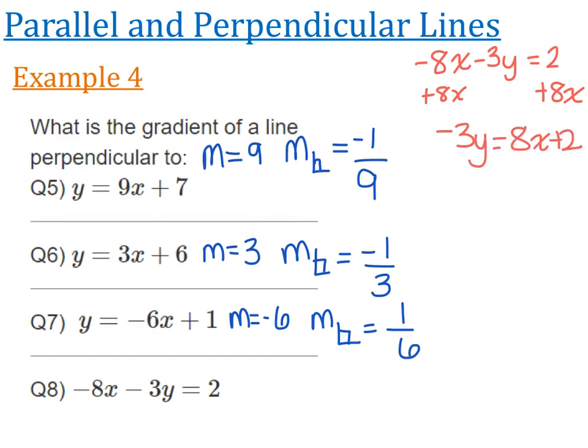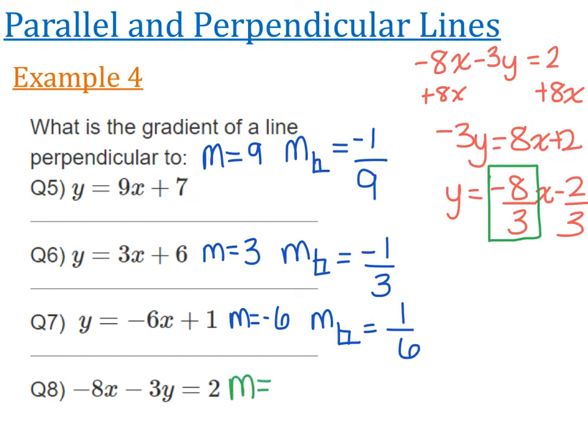Now I've got to divide absolutely everything by minus 3, and I get y is equal to minus 8/3 x minus 2/3. Hopefully from here you can see that the gradient is everything in front of the x, so minus 8/3. The gradient of this line is minus 8/3.